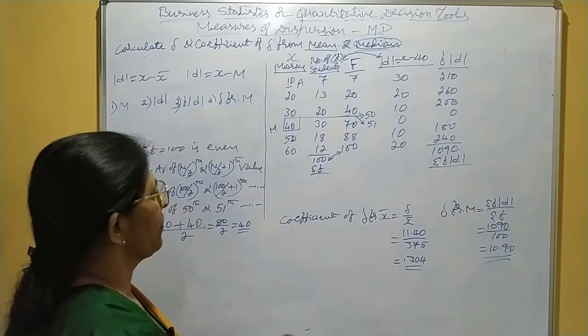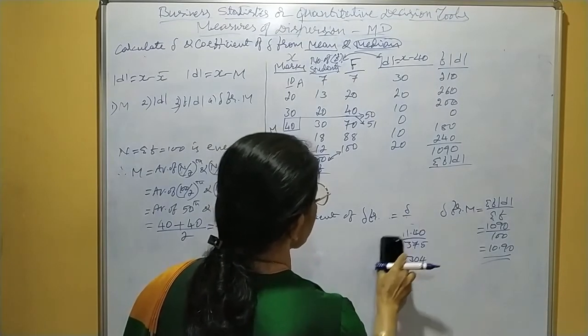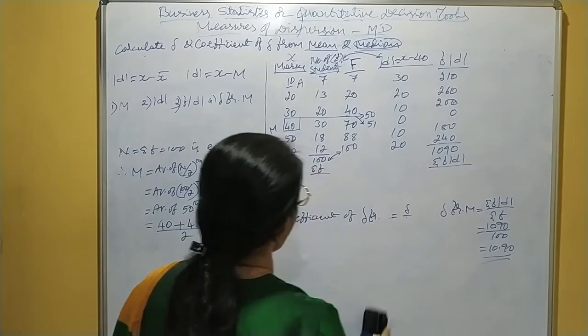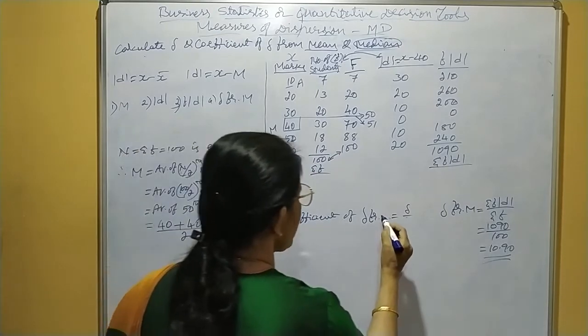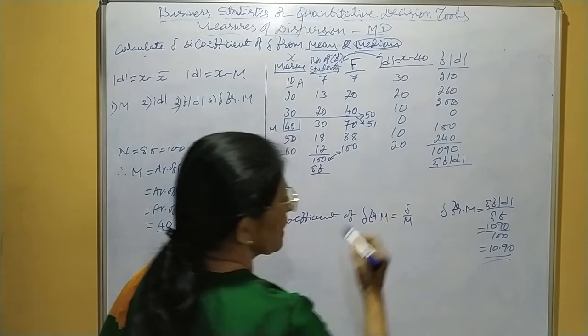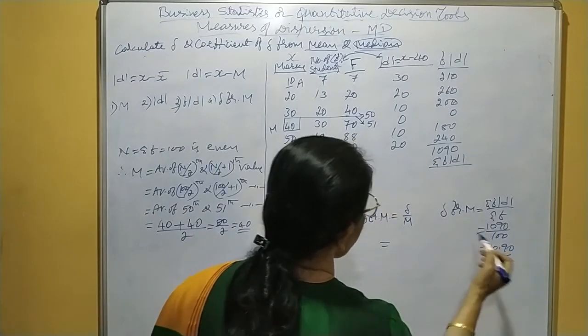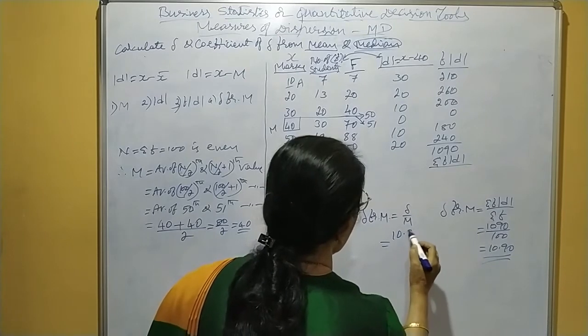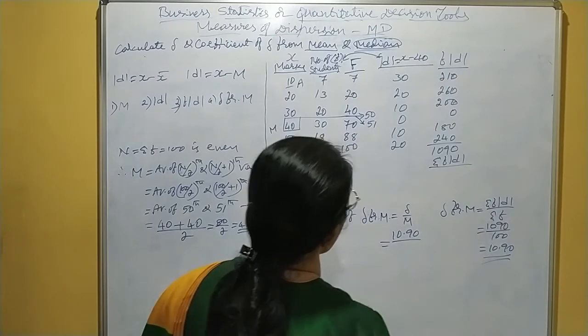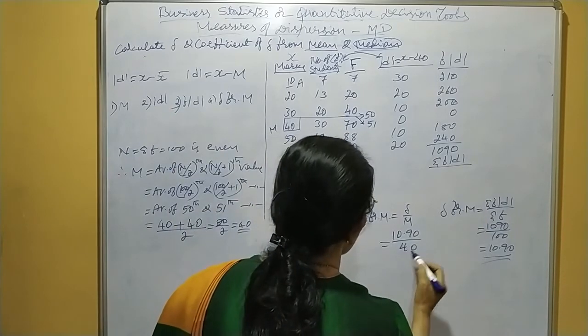Okay. Now we have to find out coefficient of mean deviation from median. Then formula is coefficient of mean deviation from median equals delta divided by m. Here delta refers to mean deviation from median, 10.90 divided by m, median is 40.